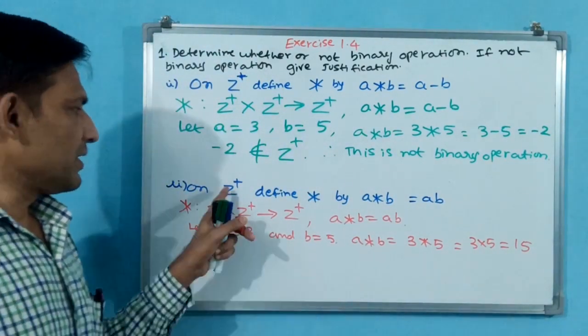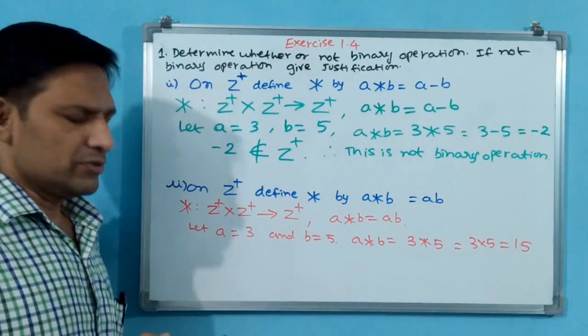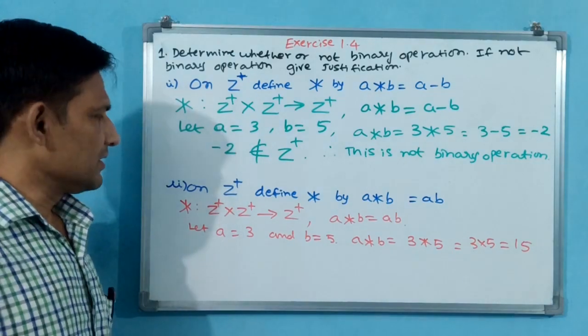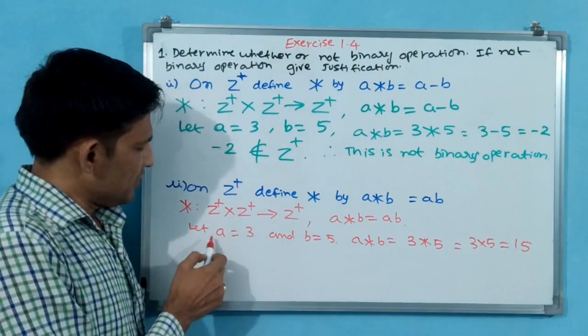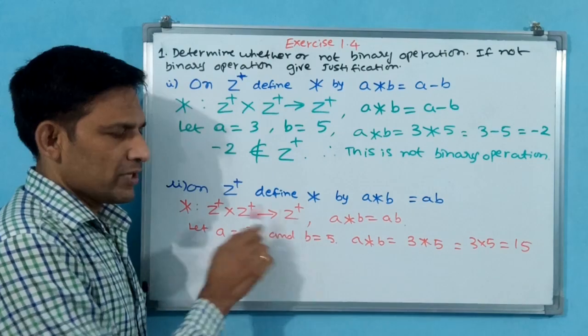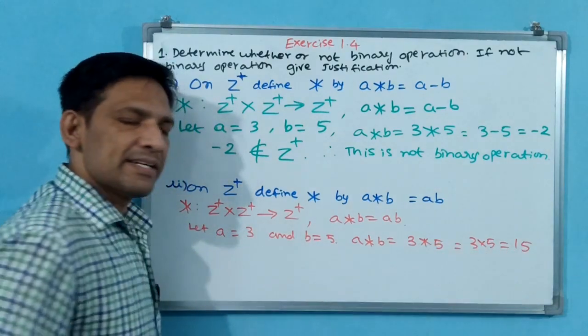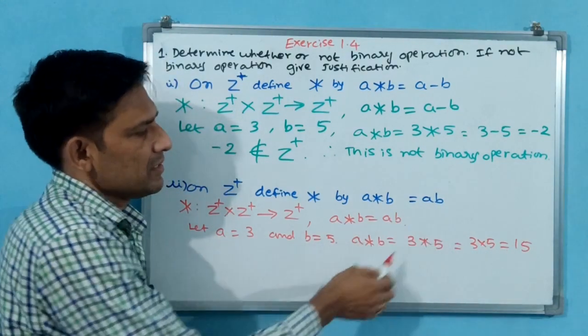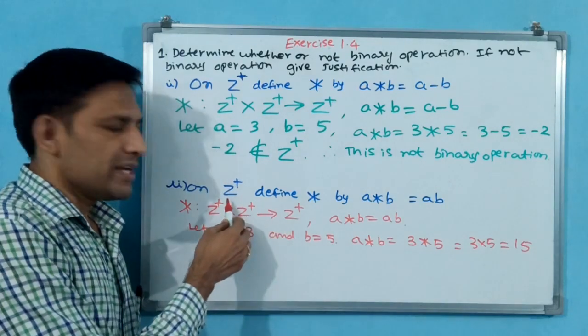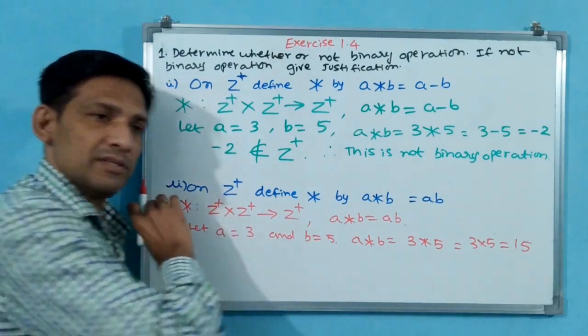Now, does this belong to Z plus? Definitely it belongs to Z plus. Why? Because Z plus means positive numbers, and we have made it a multiplication as per AB. 15 will also be there in Z plus. Z plus goes up to infinity.